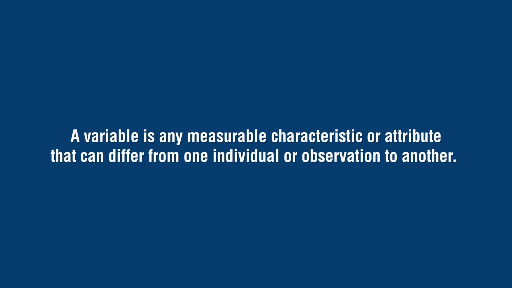So we need to start by understanding what exactly is a variable. A variable is nothing more than a characteristic or a measurement that can be taken out of an observation or an individual. For example, a study may record age, blood pressure, blood type.